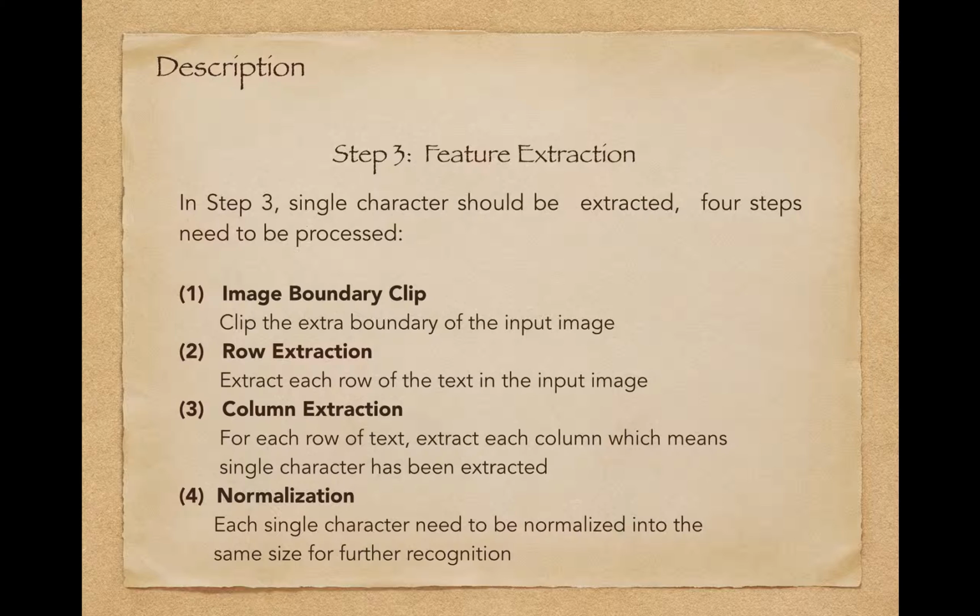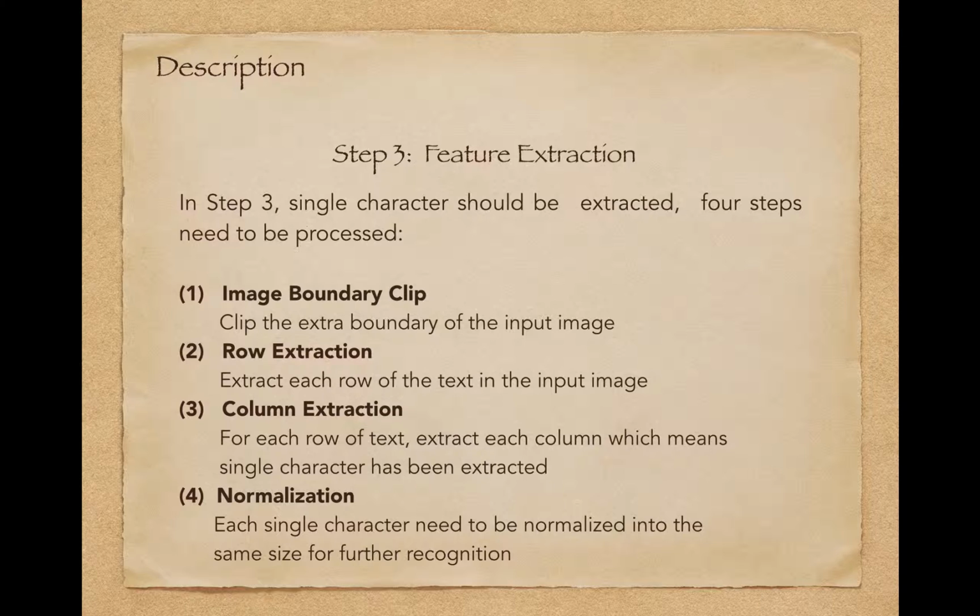In step 3, single characters should be extracted. 4 steps need to be processed. One is image boundary clip: clip the extra boundary of the input image. The second step is row extraction: extract each row of the text in the input image.